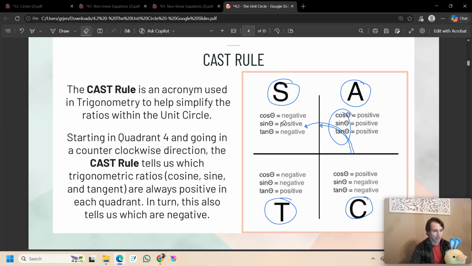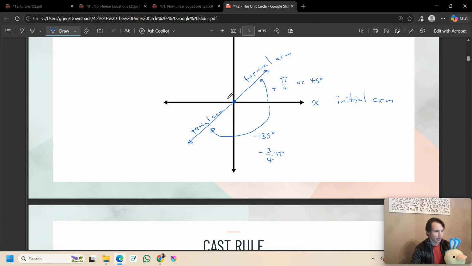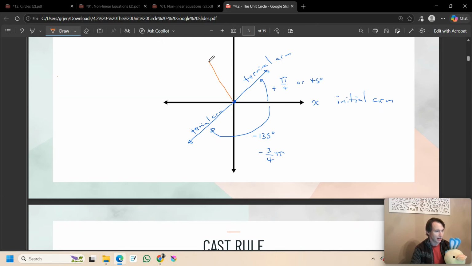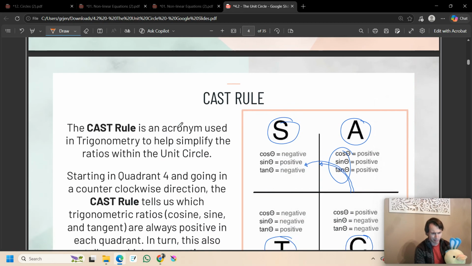Anyhow, sine is positive still over here, because you'll also recall that if I have this angle out here, and I find that point on the unit circle, which we're going to talk about in a minute, then the x value is cosine of theta, and the y value is sine of theta. Because the y value is still positive up there, sine is positive in this quadrant. That's the way I remember it.